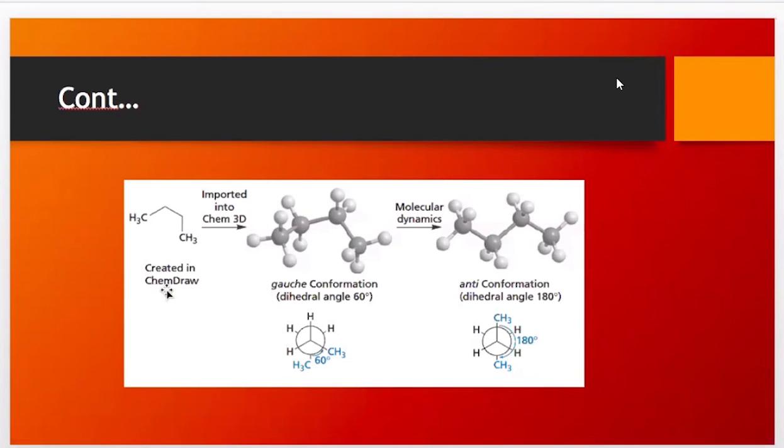This is just an example of what can happen. Let's say you've drawn this structure using your ChemDraw, then you import it into your Chem3D. Chem3D, we said, can help you come up with a 3D structure of your compound, the conformation. After you apply the 3D software, you can have a conformation of this structure.